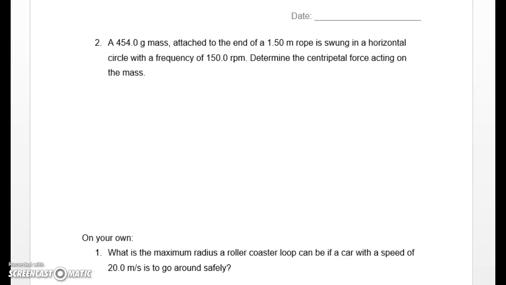So this one here, once again, we are going to write down all information here. So here we're told that we have some sort of object, and it has a mass of 454.0 grams. So notice there that the units are in grams, so we do want to convert that to kilograms. So we're going to divide that by 1,000.